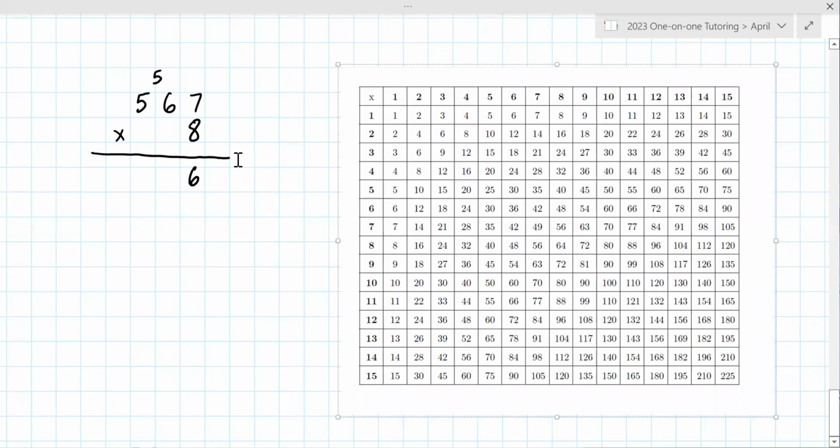Wait, no. So you're looking for the intersection of 6 and 8 on the table. 48. 48, and then you add the 5. You're going to add this 5 to that number. So you've got to write down 48 plus 5.